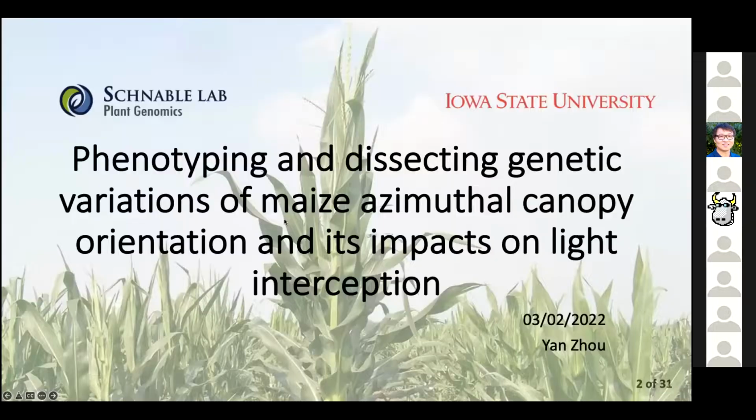So today I'm going to give you some update on the latest study from our lab on phenotyping and dissecting the genetic variation of maize azimuth canopy orientation and its impact on light interception.